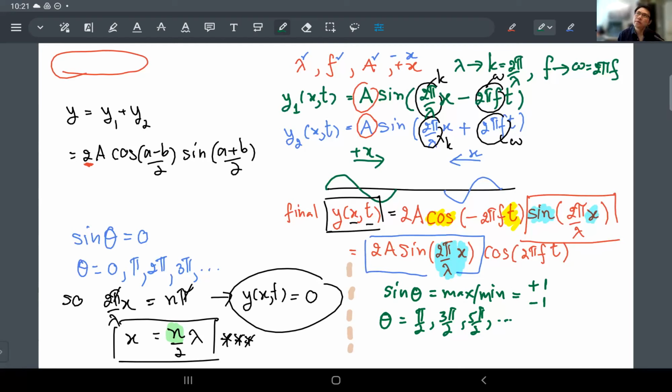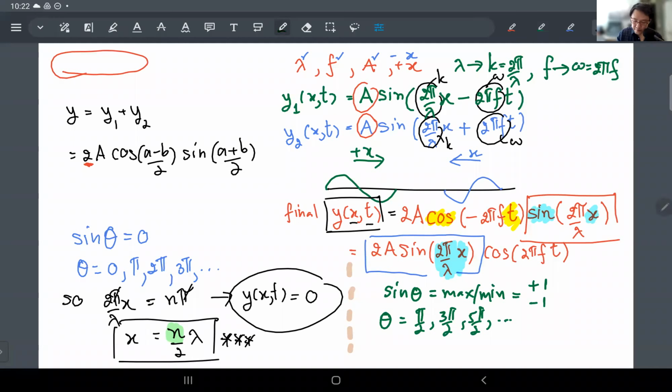But anyway, in terms of pi, you just keep adding pi to it. You start from pi over 2, add pi to it, you get 3 pi over 2, 5 pi over 2. At this point, you will get the maximum oscillations from the particle in the medium.